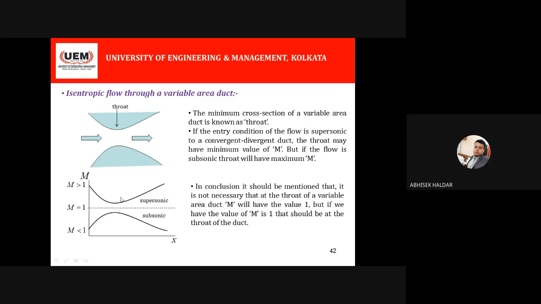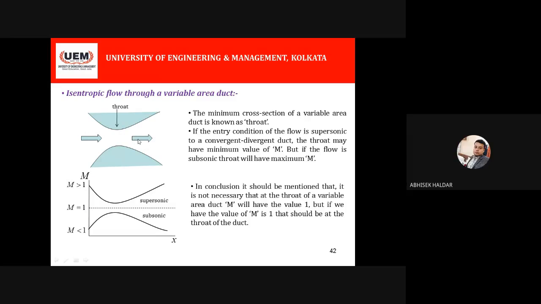It will have the minimum or the maximum depending on the type of flow, supersonic or subsonic. But if Mach number equals 1 occurs in this type of duct, it should occur at the throat, nowhere else. Got my point?